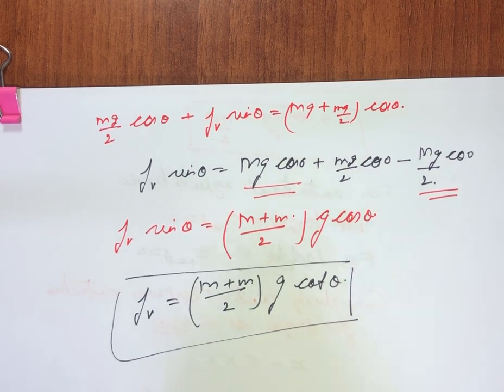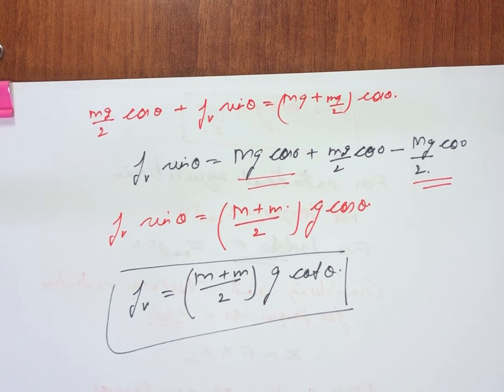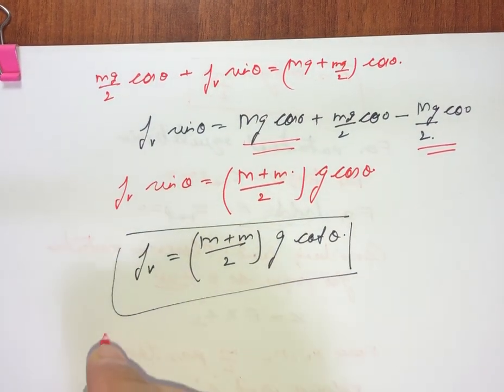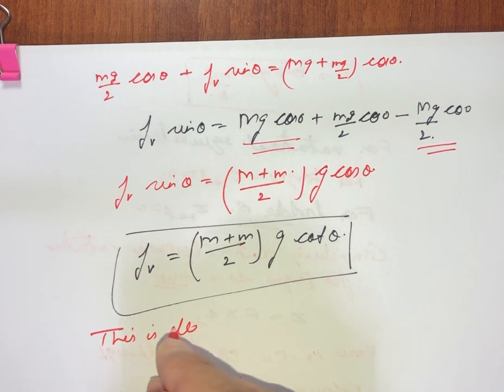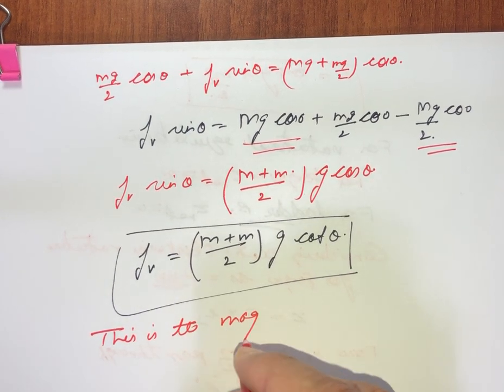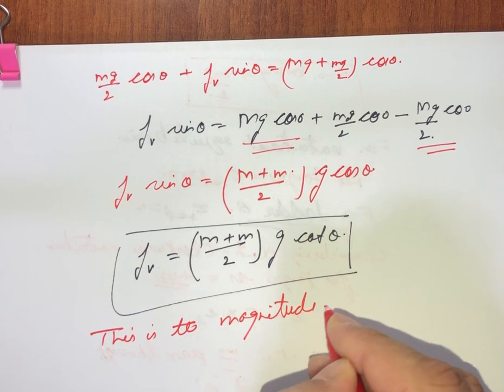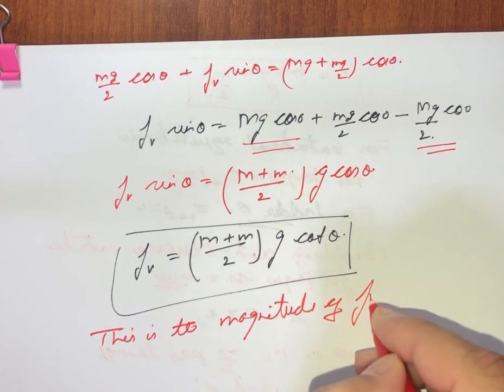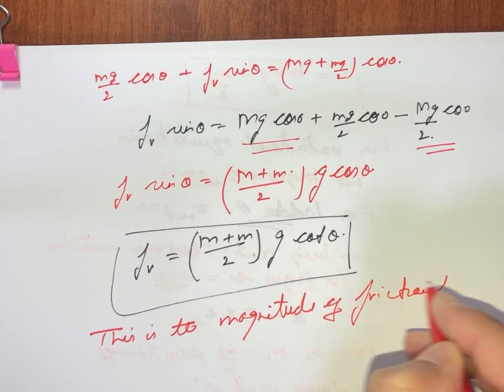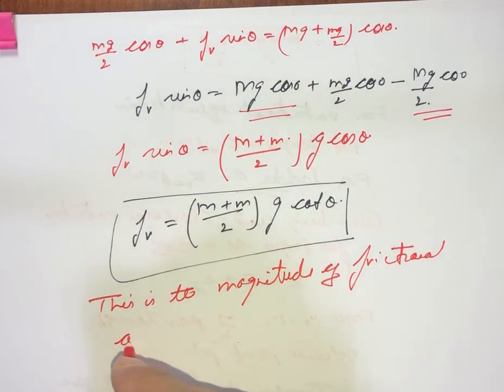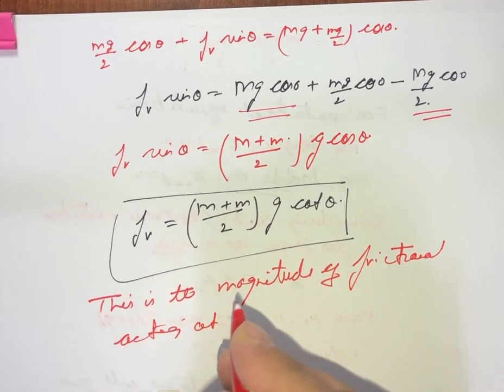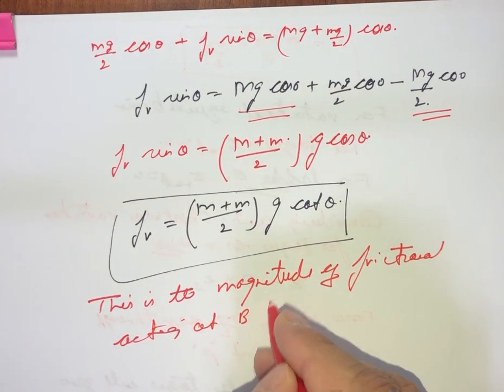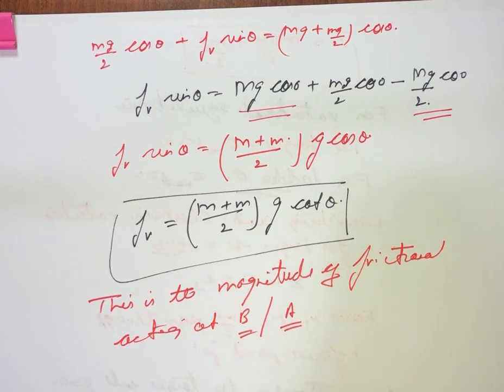This is the magnitude of frictional force acting at B, and it will be same at A also, because Fr is same in both the cases, and direction we have already shown in the figure.